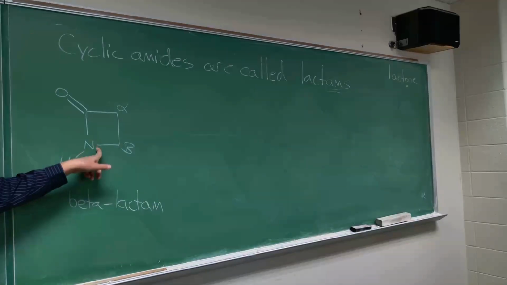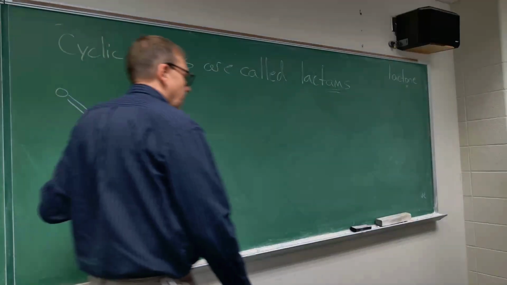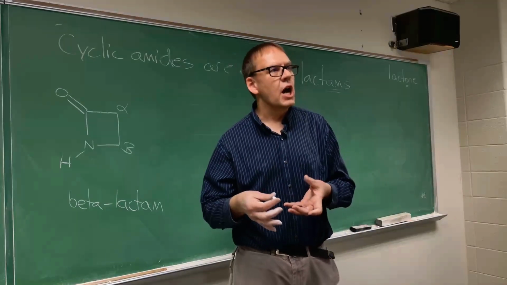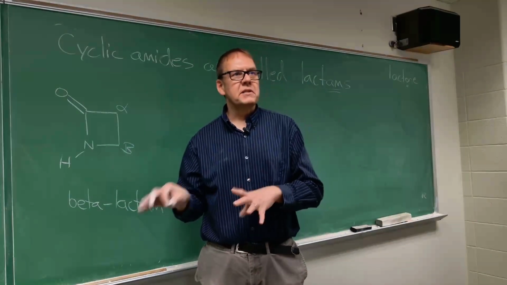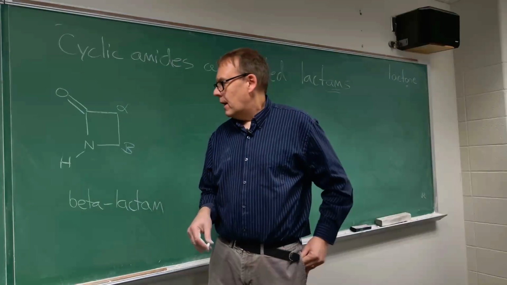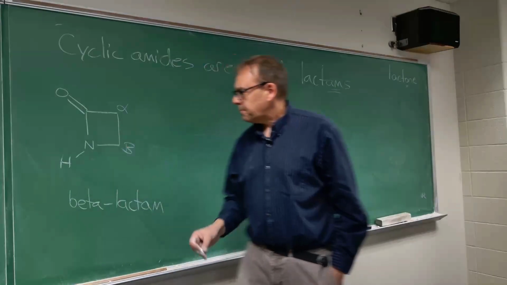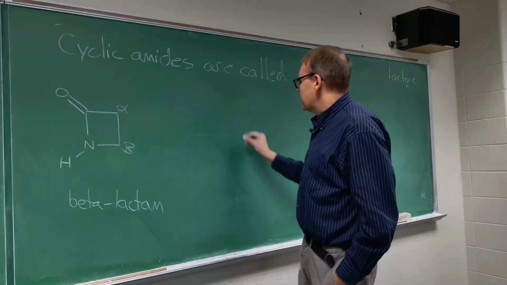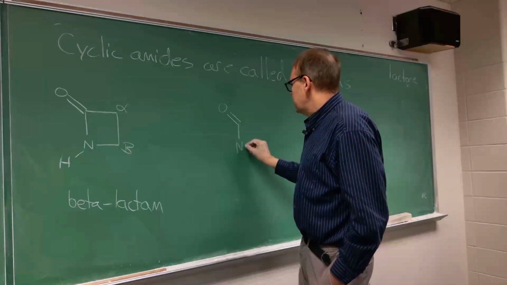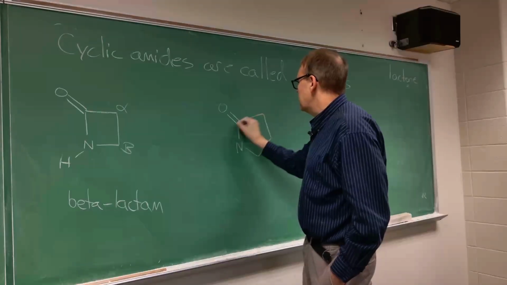And these are pretty reactive, which makes them really good at their therapeutic job of basically destroying an enzyme that's important for the life of a bacteria. So they like to pop open. But there are other kinds of lactams as well. So you can have lactams that are parts of 5-membered rings. These are a lot more stable.